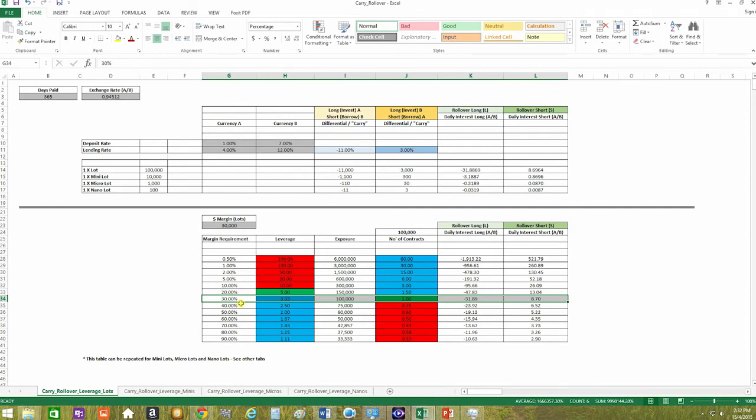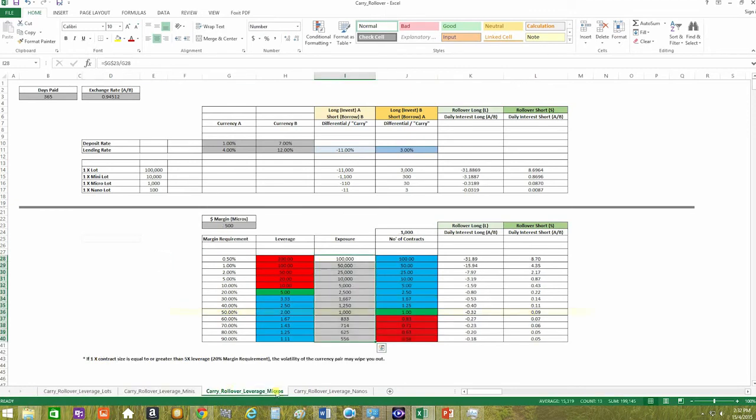So we've also marked up this area here because in the red zone, you can't really put these trades on because it's not equivalent to one contract or above. And here you can. Here, if you wanted to take these position sizes, you'd have to redo the whole table for mini lots, micro lots, and nano lots. And we've got the numbers here for you. We've just changed the numbers in the table for you so you can see how it all works.